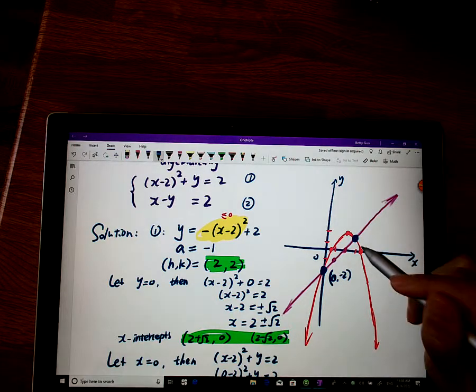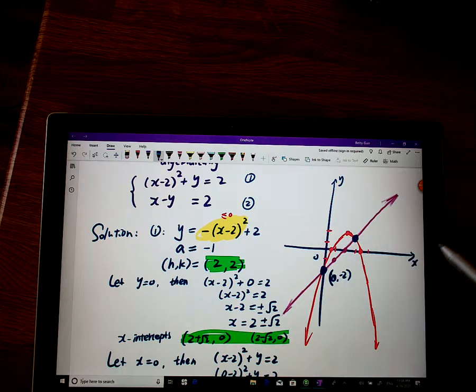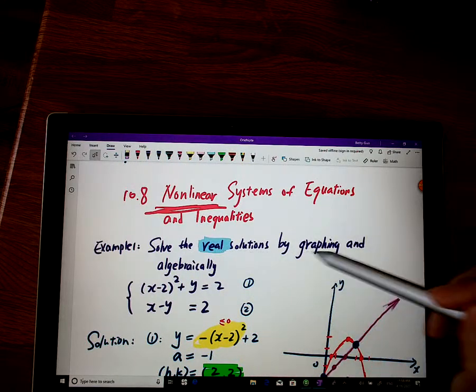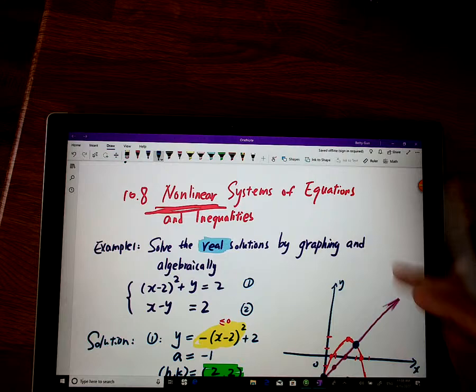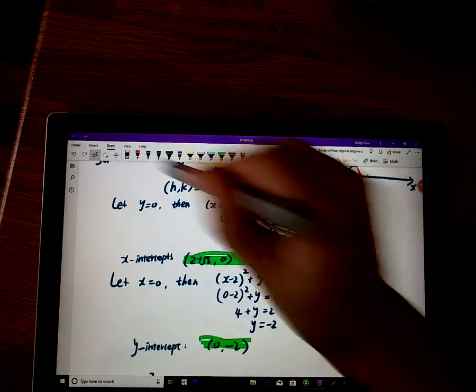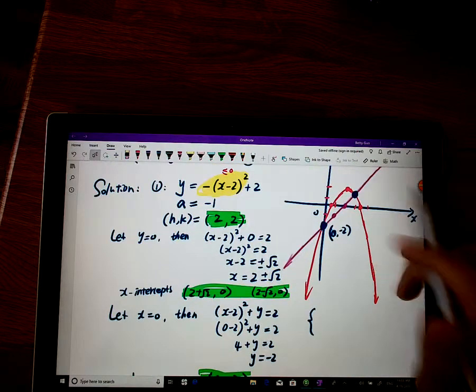How do we find that? How do we find the coordinates for that point? Because that's a solution. That's a solution of the system. Then we would have to solve the system. You see the title, the requirement: solve the real solutions by graphing and algebraically. So we are going to apply the algebraic method to find the coordinates of the other solution.